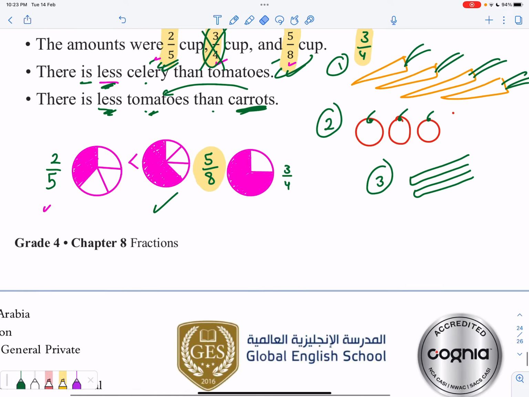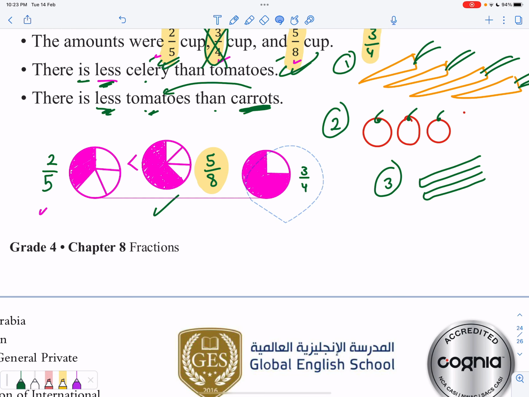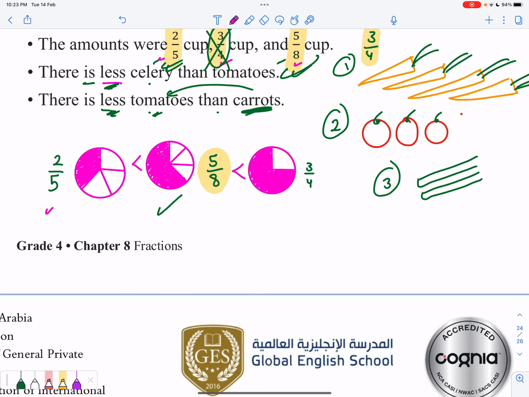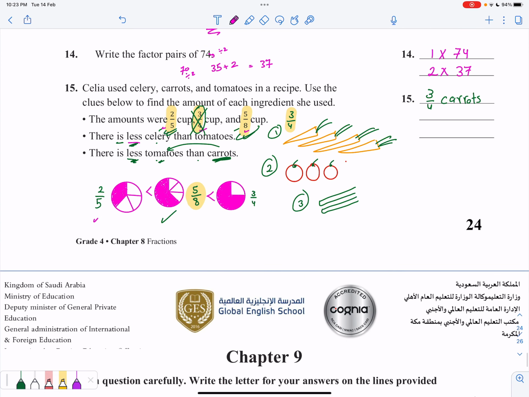This is why we gave it to the carrot, because we have more carrot than any other vegetable. So 3/4 is the carrot.